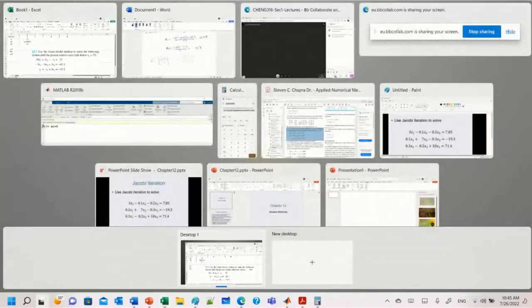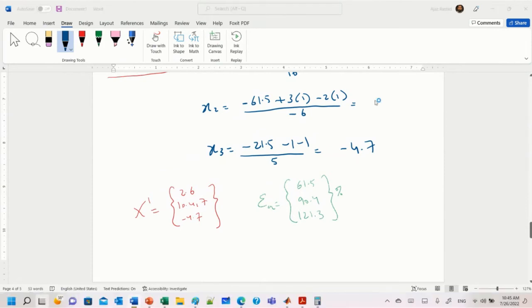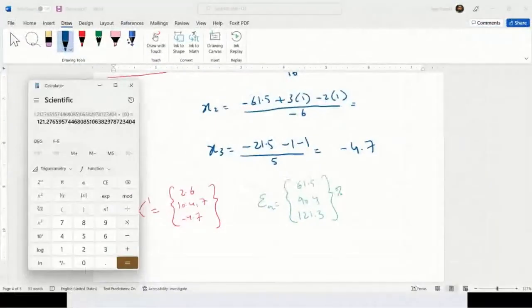Okay. So it was minus 61.5 plus 3, and I made it 62.5. Of course, it won't be 62.5, it will be 60.5 because we are on the minus. So I have a mistake here and need to correct that. It will be 60.5 divided by 6, so 10.0833.